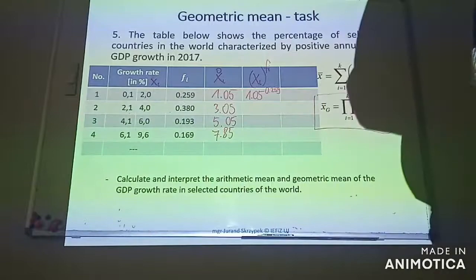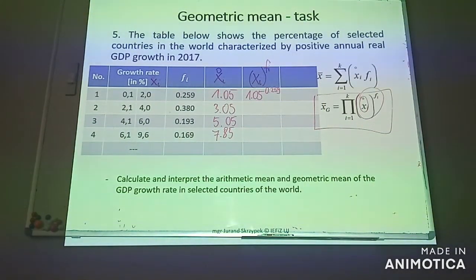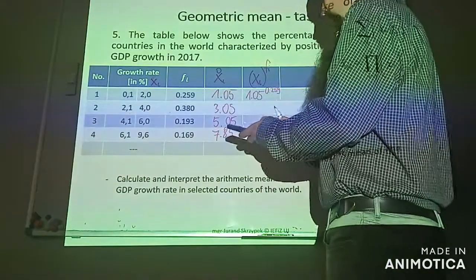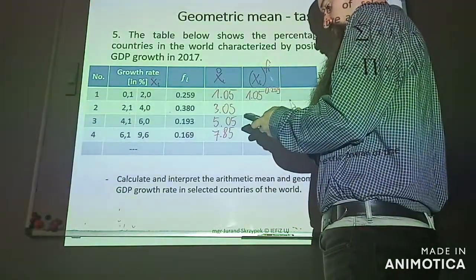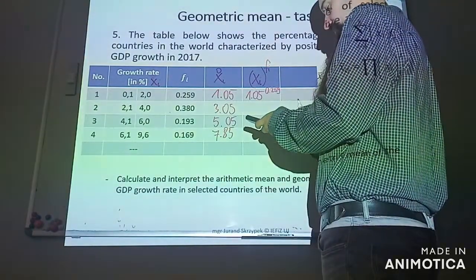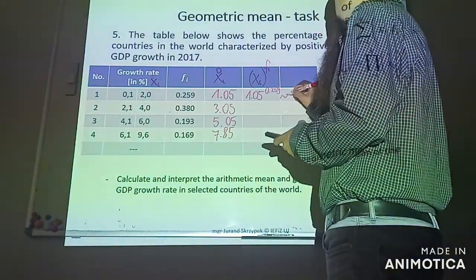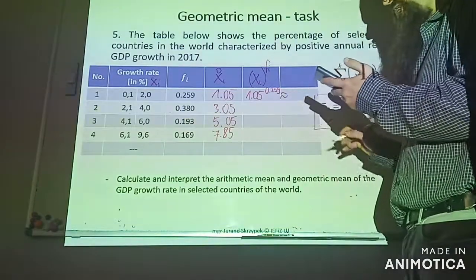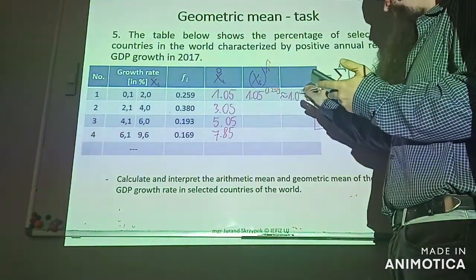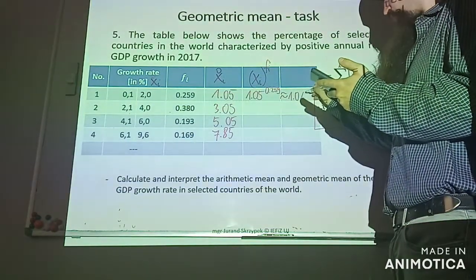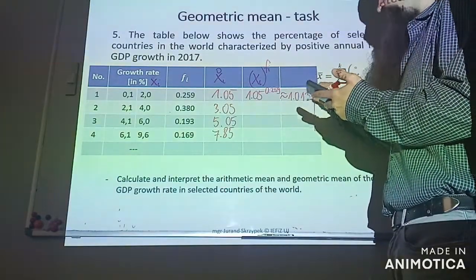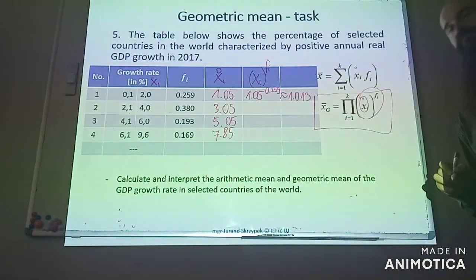As you can see, we need a scientific calculator. 1.05 to the power of 0.259, and the result is approximately 1.013.